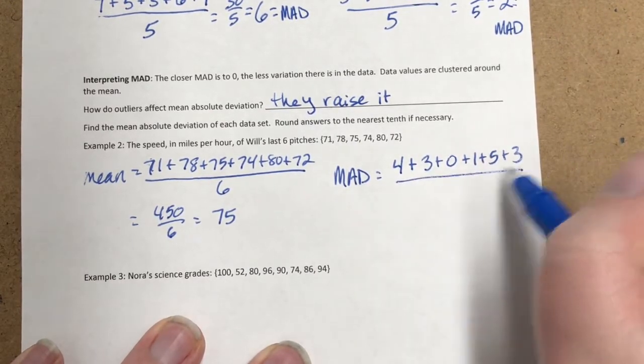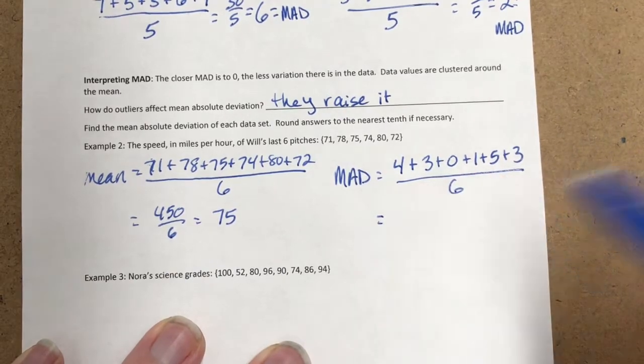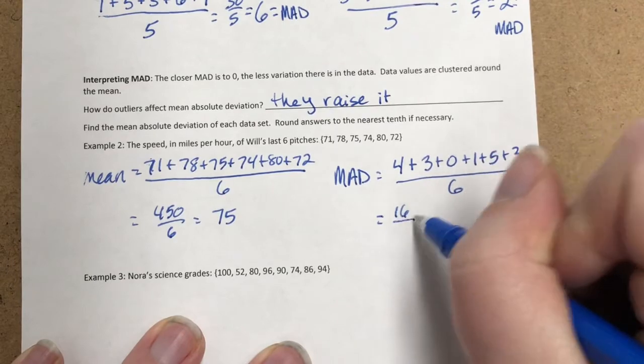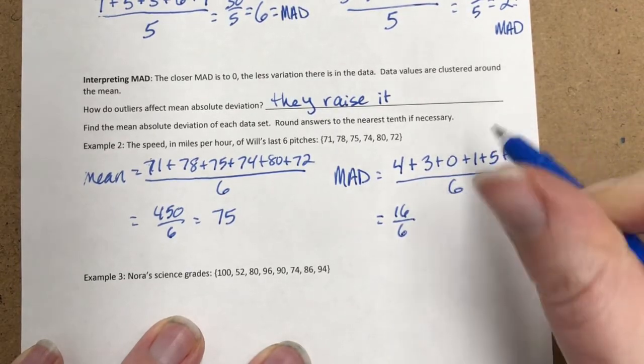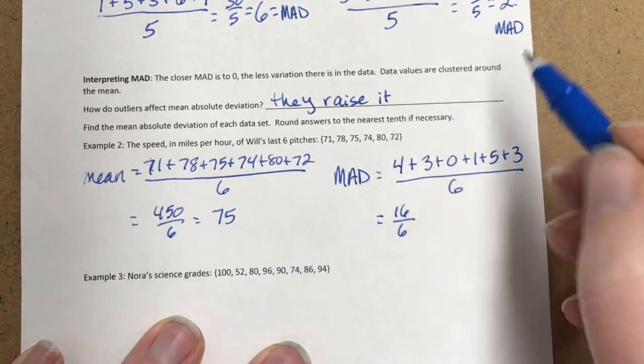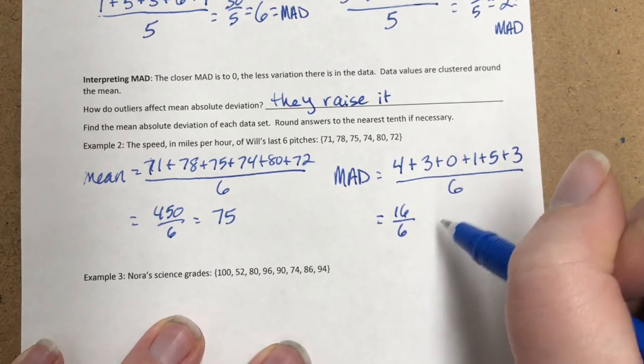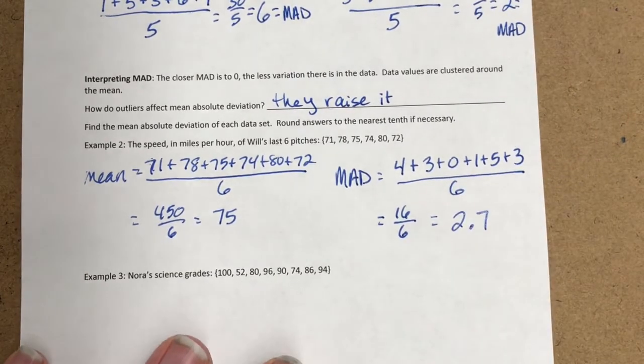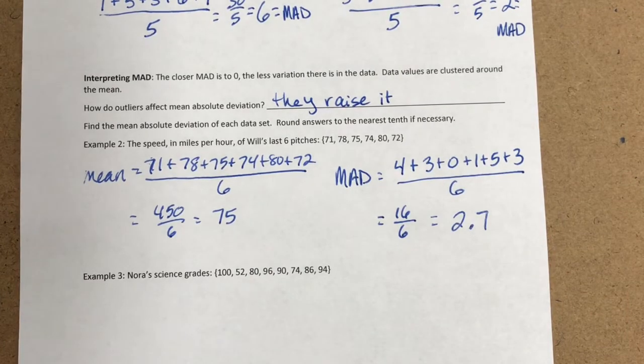And then divide this by 6. So I add those. That gives me 16 divided by 6. Let's see here, I had to round to the nearest tenth. So 16 divided by 6 is 2.7.